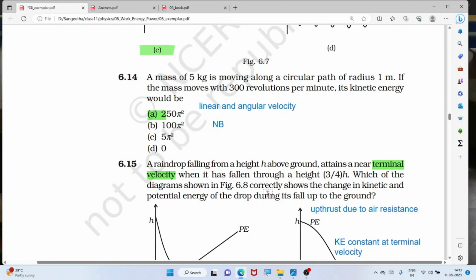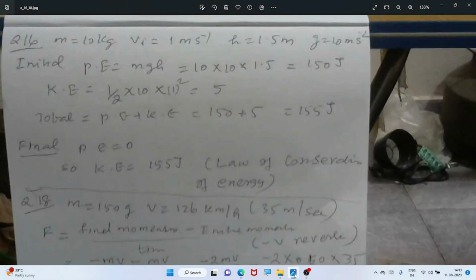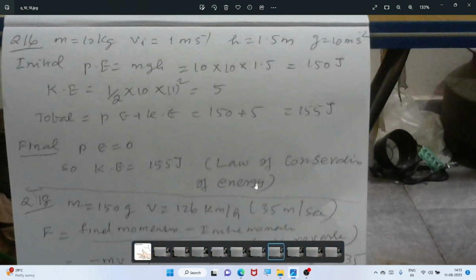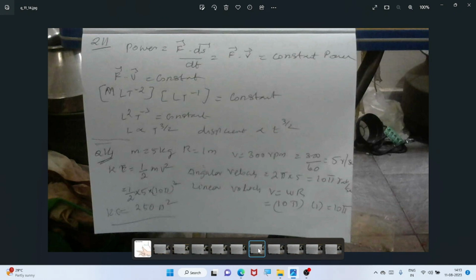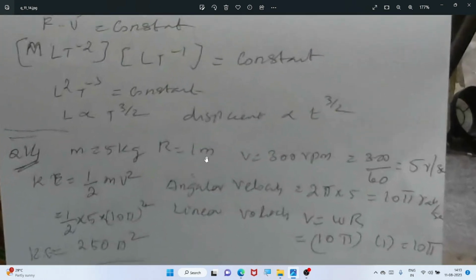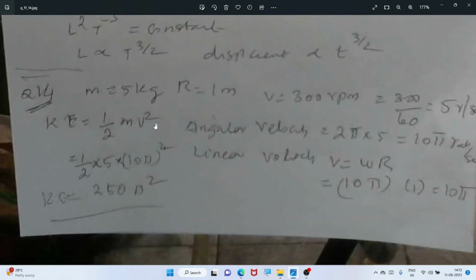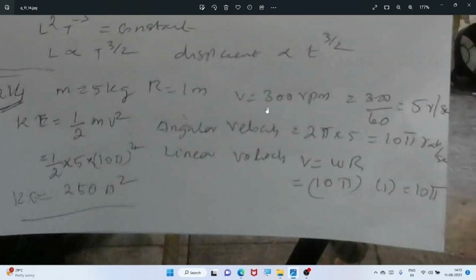Sorry, not this. This one, 5 kg, the radius. It is 300 revolutions per minute, so this many revolutions per second.